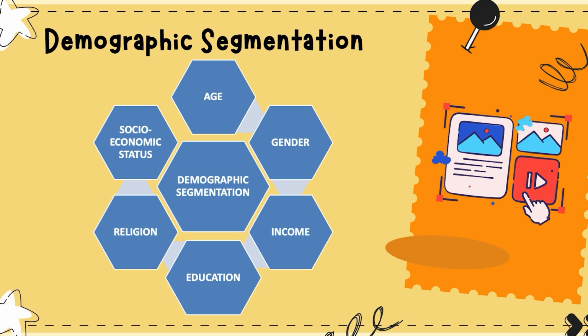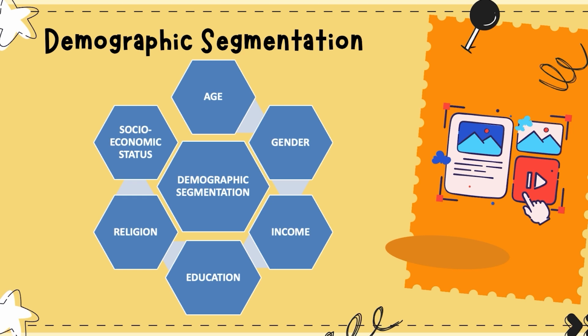We may have different energy drinks for infants, for adolescents, for teenagers, for young professionals, and an energy drink for the mature or adult population. So based on age we can categorize.